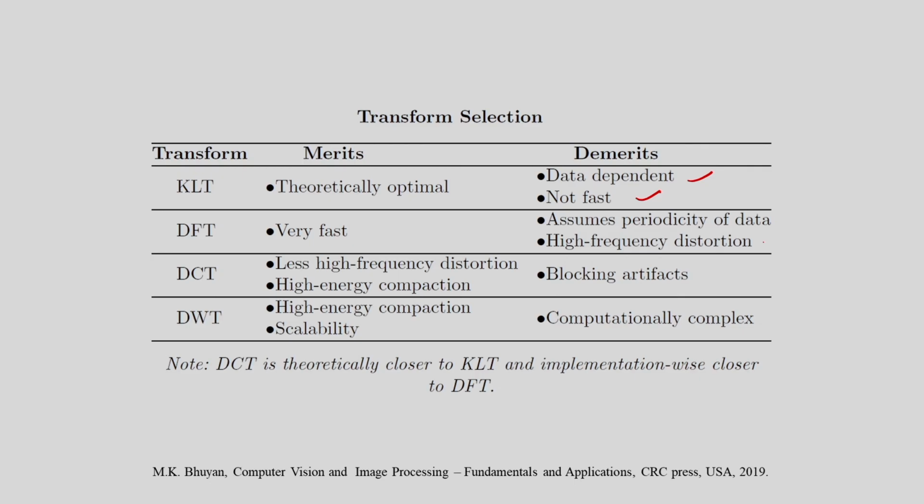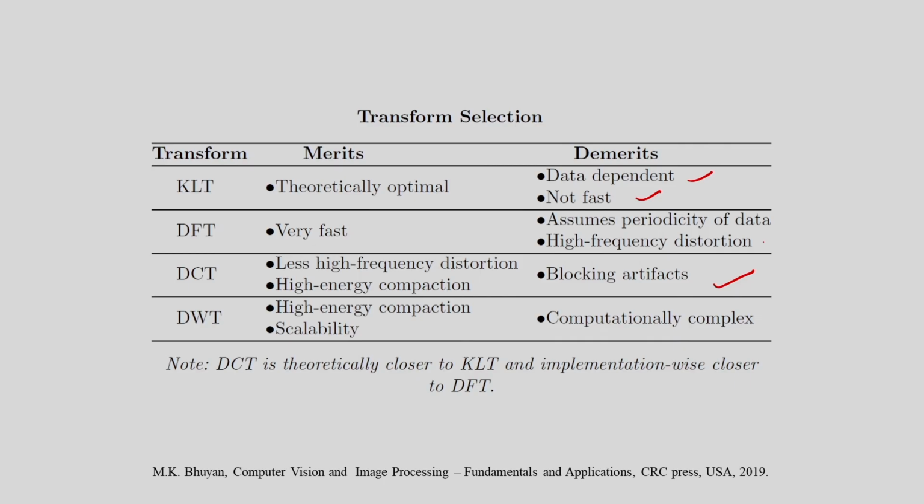But the problem is the blocking artifacts. In case of the DWT, there is high energy compaction and it is also scalable, because I can consider different scales for decompositions, and energy compaction is very high, but computationally it is very complex. So you can see the comparison between these.